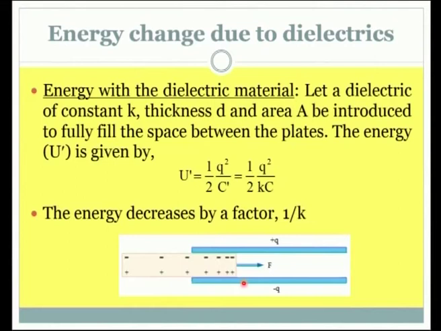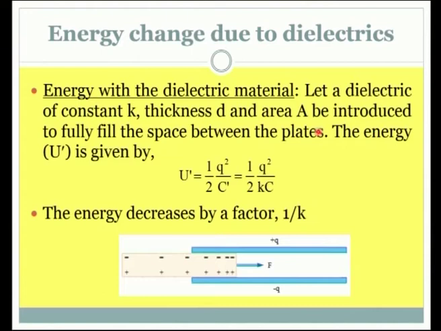We will have a visual here to understand the effect. So, energy with the dielectric material. Let a dielectric of constant K and thickness d and area, that means it is going to fill the space between them fully, be introduced to fully fill the space between the plates.